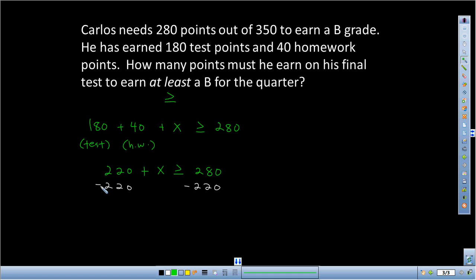So 220 subtract 220 is 0, and we're left with x is greater than or equal to 280 subtract 220, which is 60. So according to this inequality, Carlos needs to earn at least 60 points in order to earn a B grade.